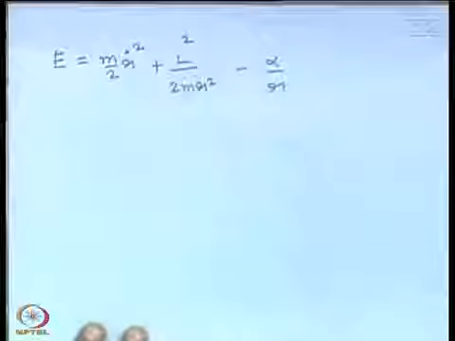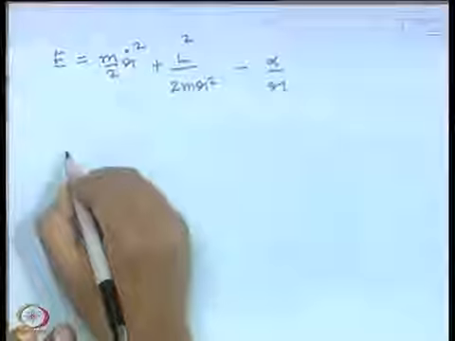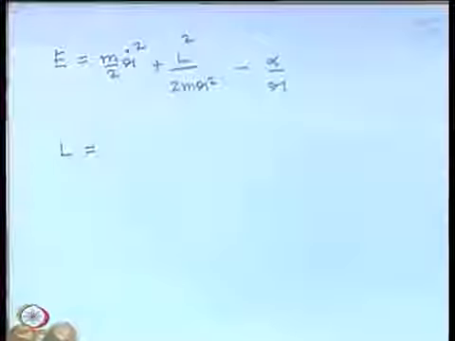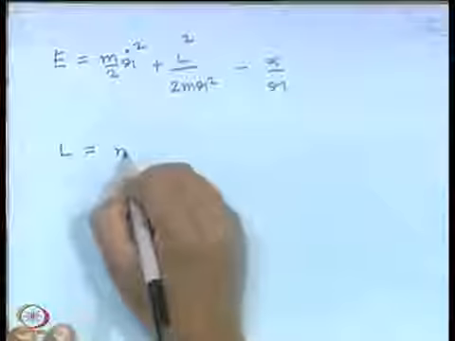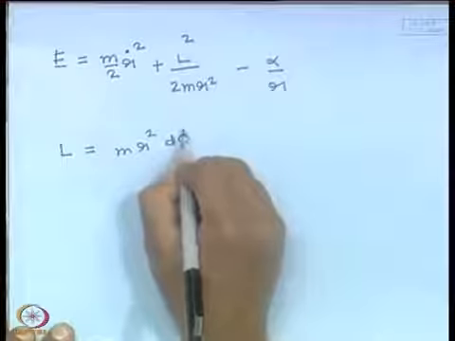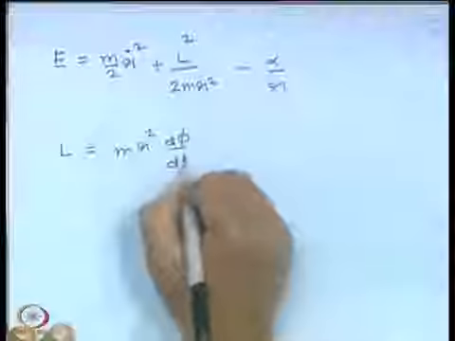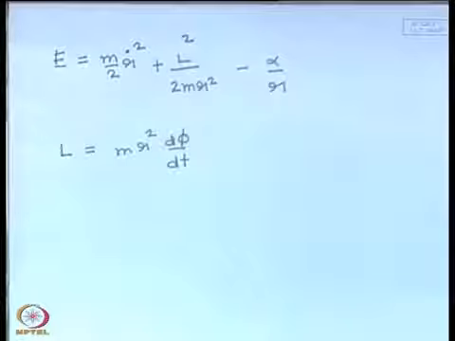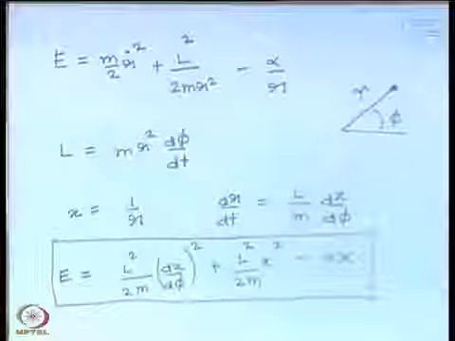So, we have this, and we also have the angular momentum L, which is m r square d phi dt. The same exercise can also be done if I had some other interaction instead of gravity.